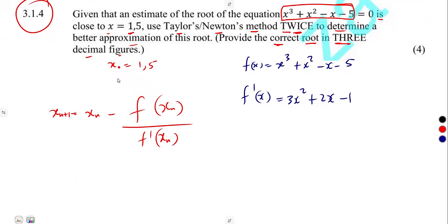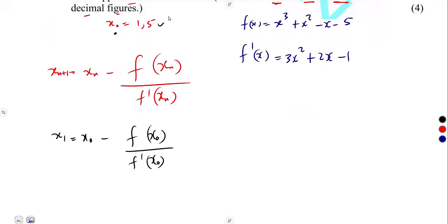So from our x naught, the first solution x1 is taken from x naught minus f of x naught over f prime x naught, where our x naught is 1.5. When our x naught is 1.5, substitute into f of x. In place of x, substitute 1.5. All right?